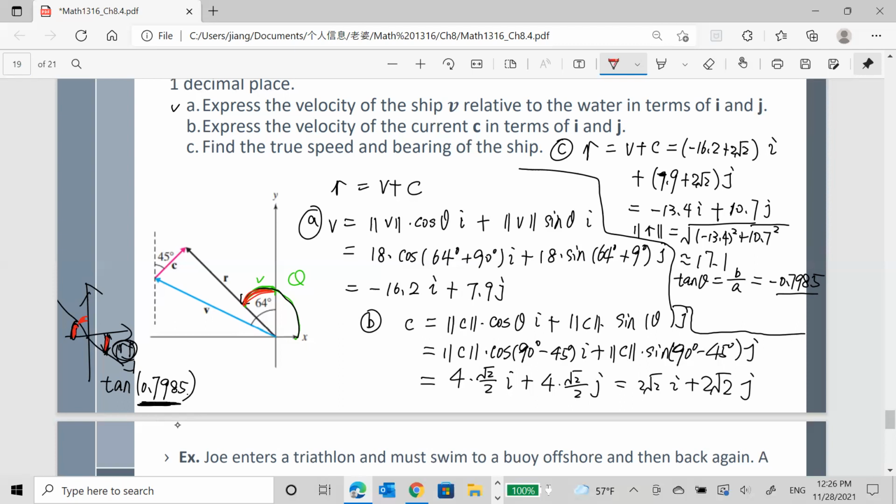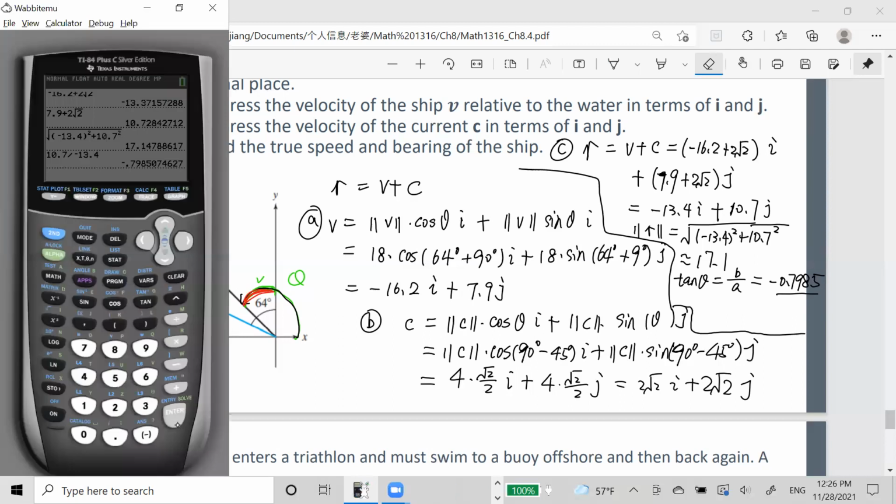Let's use a calculator: second tangent, 0.7985.